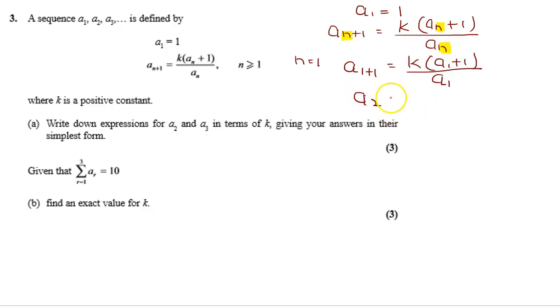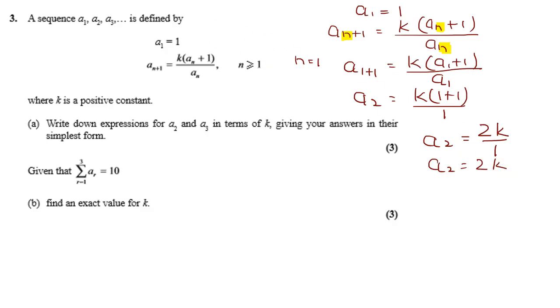So a2 will be k, a1 is 1, so (1 plus 1) over 1. So a2 will be 2k over 1. That is the value of a2.